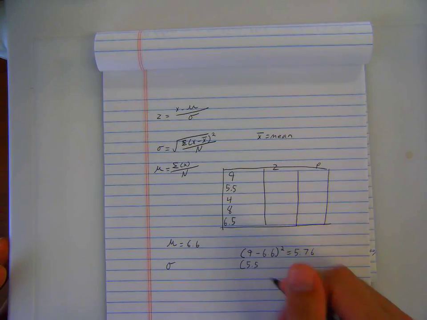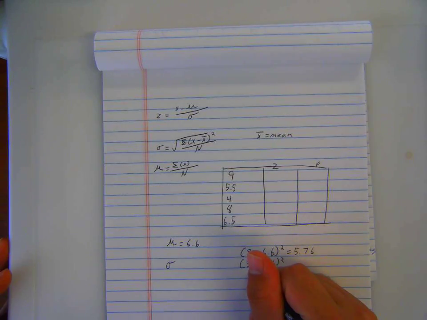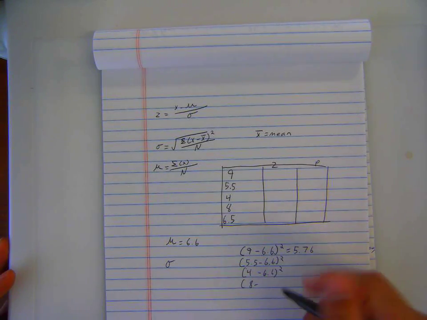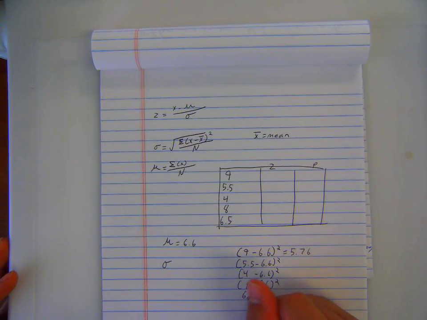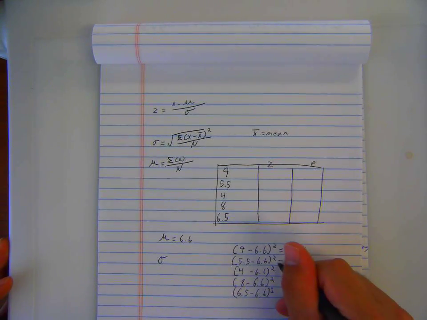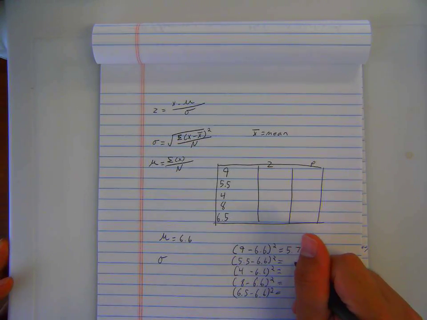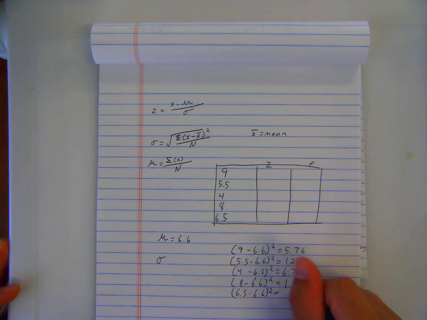So really, we're just going to do the same thing all the way down. 4 minus 6.6 squared, 8 minus 6.6 squared, and 6.5 minus 6.6 squared. 5.5 minus 6.6 squared gives us 1.21, 6.76, 1.96, and 0.01.